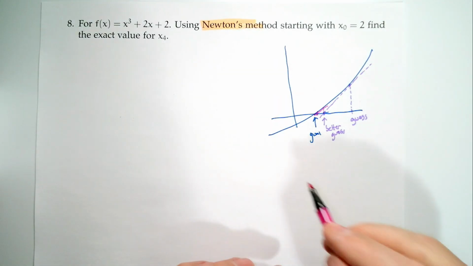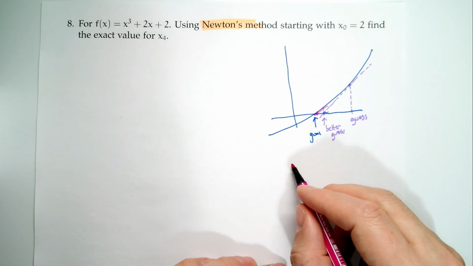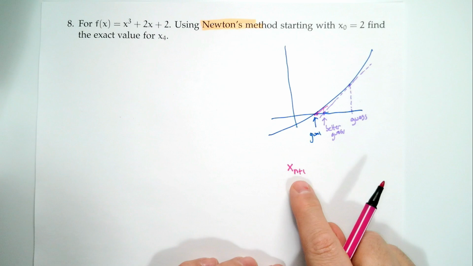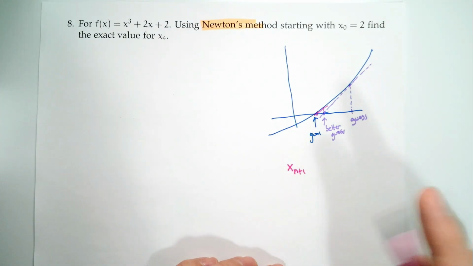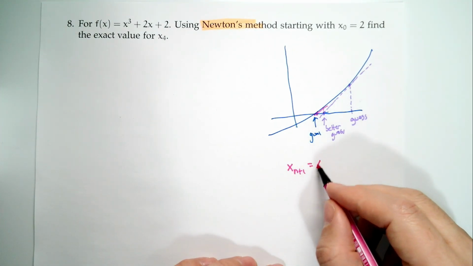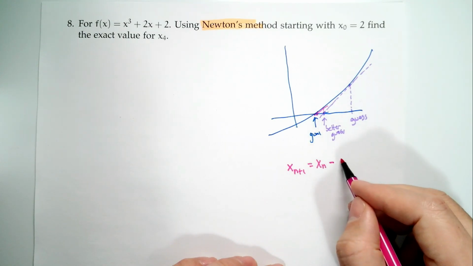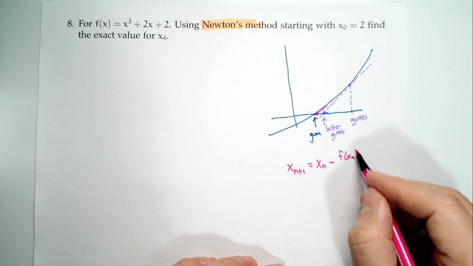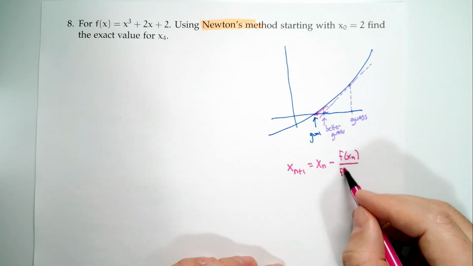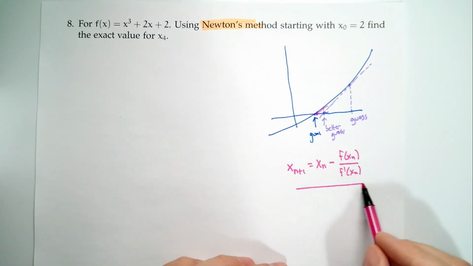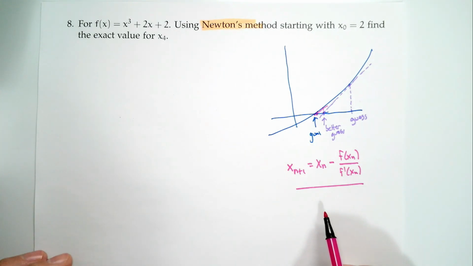Now, how do you get from one guess to the next guess? It's a nice formula which says our next guess, so our n plus 1th guess, is equal to our current guess, which we call our nth guess, minus the function at our current guess, divided by the derivative at our current guess. Okay, this, by the way, is about 60% of the work: remembering that formula.